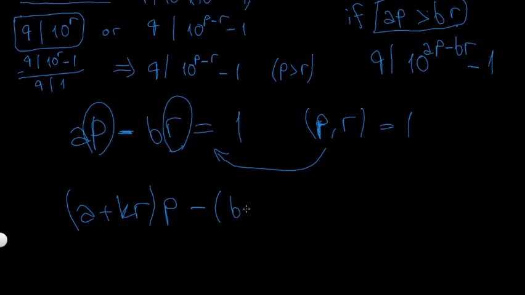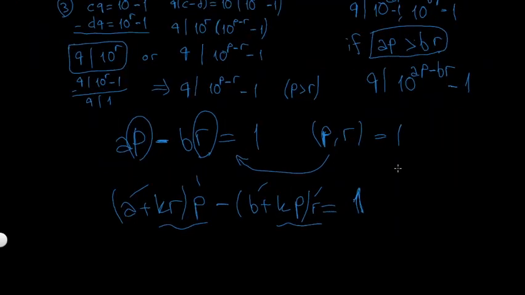It will be B plus KP. So on each step I can increase this one by R and this one by P, and this will still be a solution, because I have AP minus, wait, this is R, minus BR, which is equal to 1, and the KRPs will just cancel, and this will still be true. So this way I can show that there are infinitely many solutions.